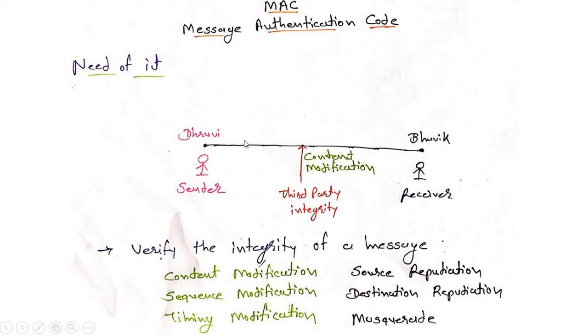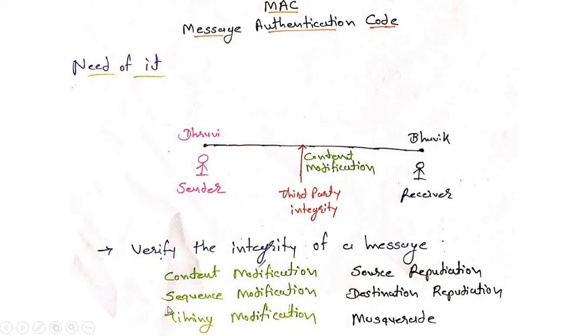Whatever Dhruvi is sending, a third party can intercept the message, and by accessing the channel, the third party can add their own message inside the original message. The other is that they can modify the content.